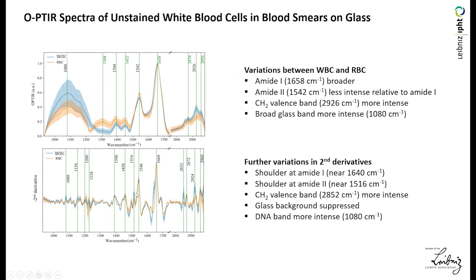There are further changes. For example, the shoulder at the amide 2 band at 1516 is evident, and a prominent feature for white blood cells is also the shoulder in the amide 1 band. And as expected, the symmetric and antisymmetric CH2 bands are also elevated in white blood cells.